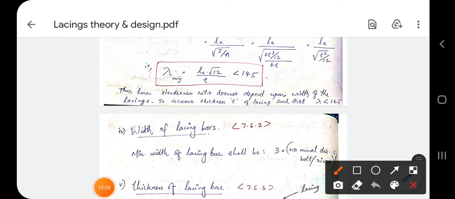So for checking the slenderness ratio, we can directly use this equation.